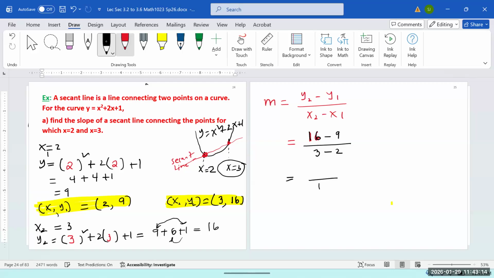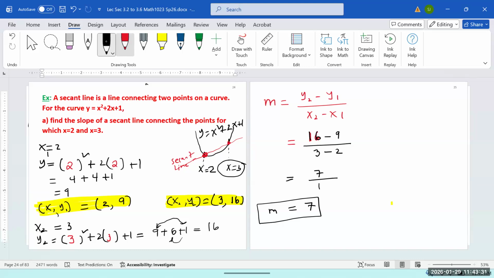What is 16 minus 9? 7. And what is 7 divided by 1? 7. So the slope of the secant line they are asking us to find is 7.